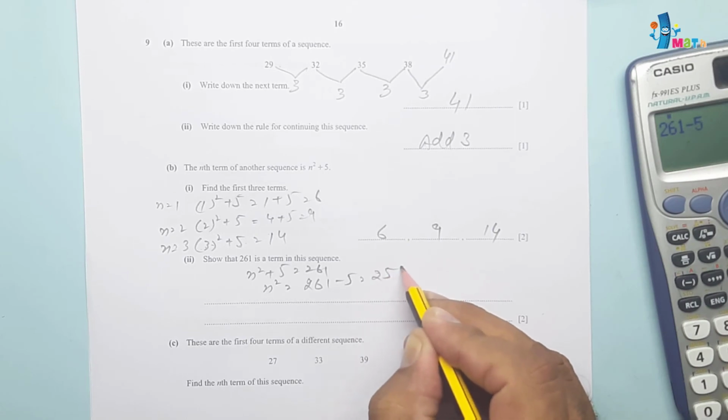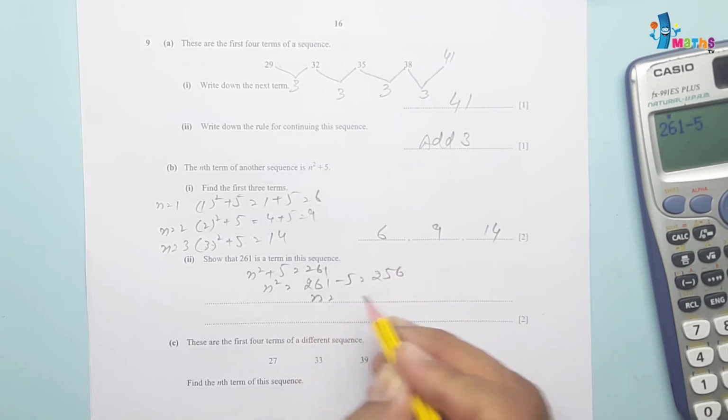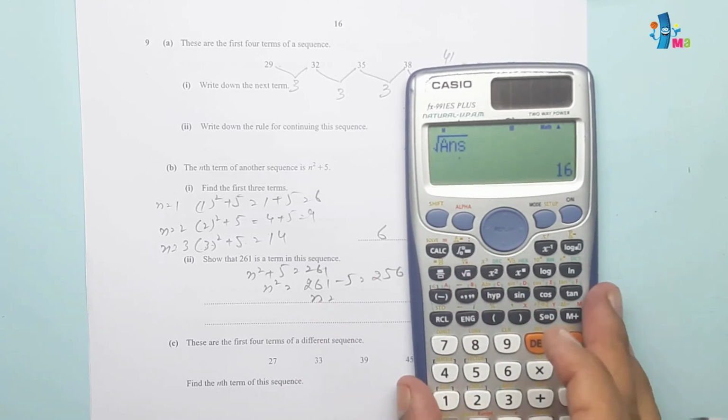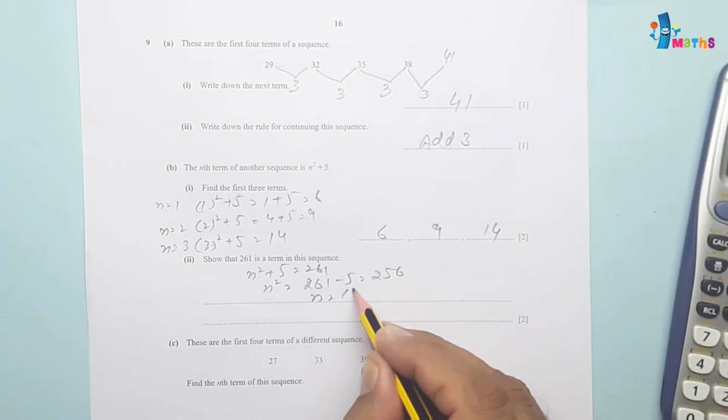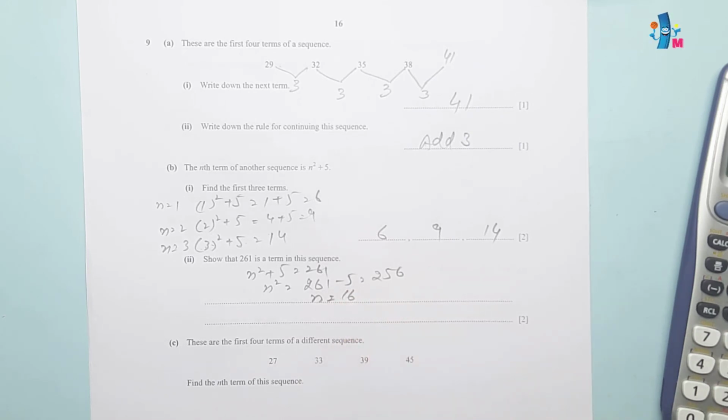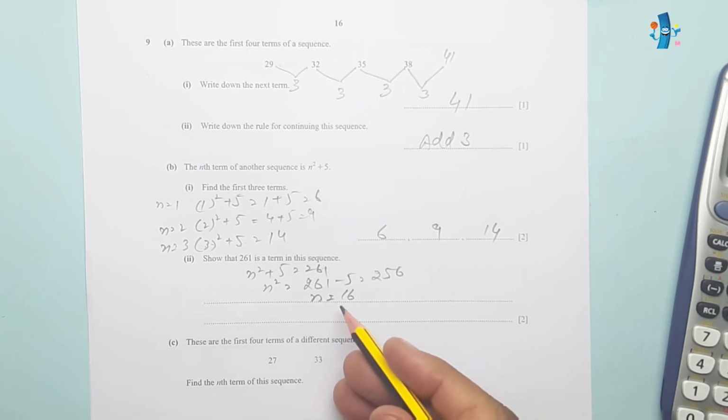So n will be equal to the root of 256, which is equal to 16. So we are getting a whole number. This whole number indicates that 261 is a member which is there in this sequence. So this is the answer, whatever we have written over here.